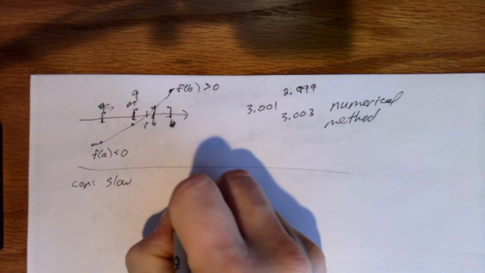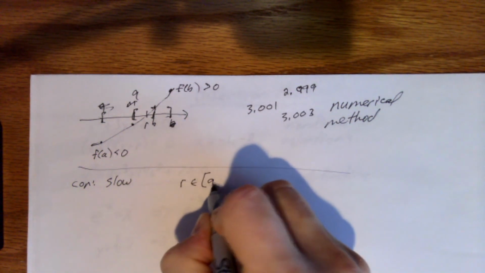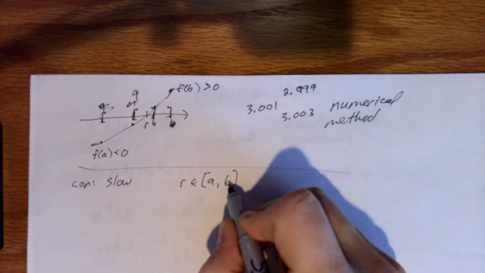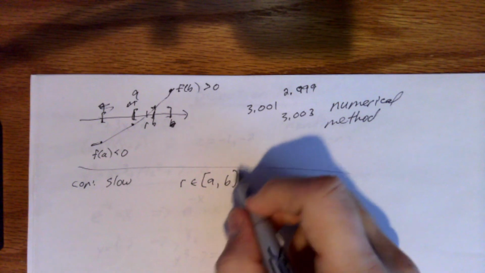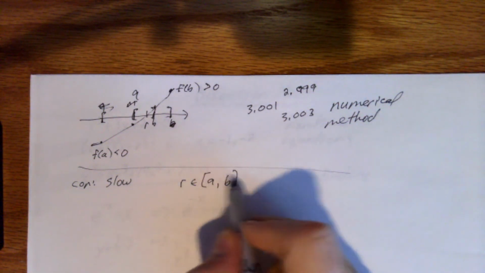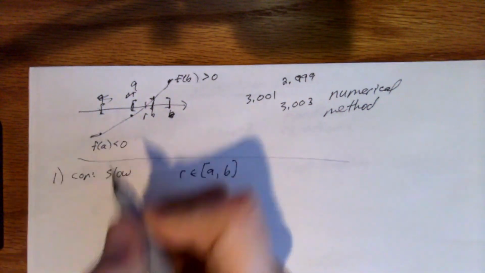On the other hand, if the root r is in our interval a to b, then it's guaranteed to find the answer, or an answer that's within your interval. That's pretty close. Okay, so let's call this one observation.